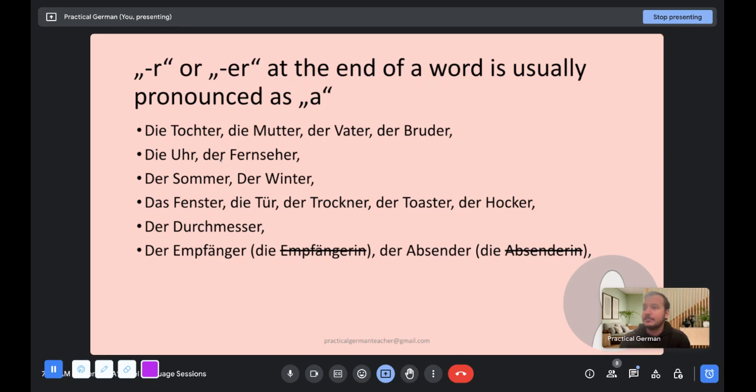Fenster, die Tür, der Trockner, der Toaster, der Hacker. Meaning, I'm not sure. Fenster, I think again.